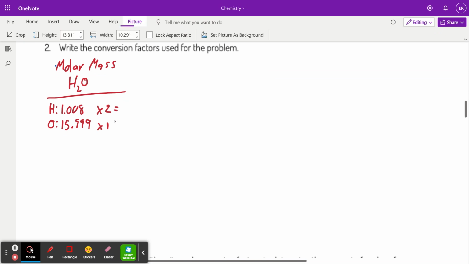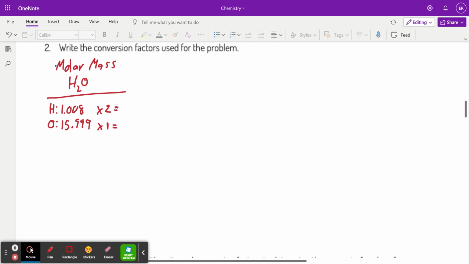And then equals. So 1.008 times 2, we have 2.016 grams. And then this is just 15.999.